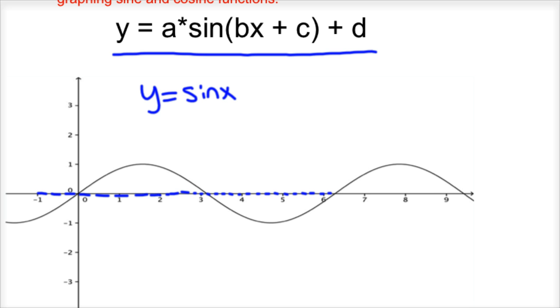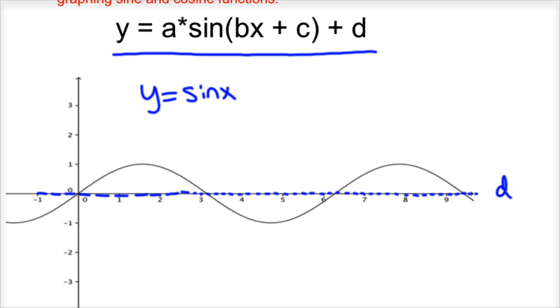But this dotted line I'm drawing here is called the midline, and it's always represented by d. Notice d is 0 in our case, so the x-axis is our midline, and d is called our vertical shift.